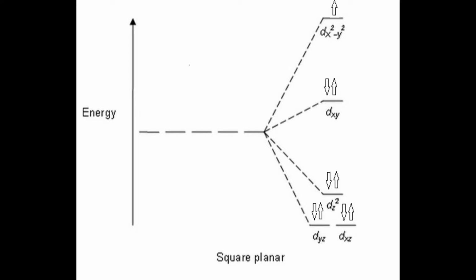These kinds of absorptions are called d-d transitions, and these give the color to the complexes.